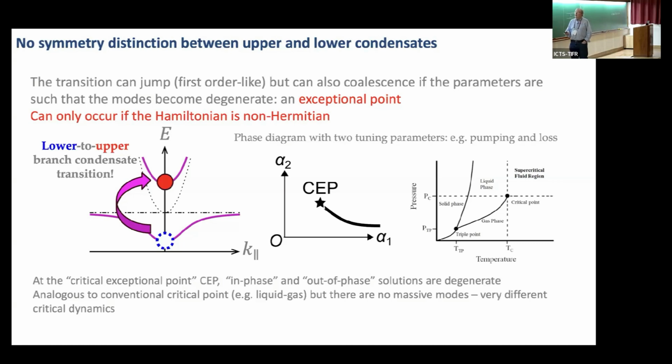But that has to be then associated with getting very special values of parameters, so that at this point the two things have to be degenerate. And that means, of course, that if you look at the frequency at which these things oscillate, they would actually have to come together some way. So treating these things as if they are discrete states isn't really right, and there really is a continuum.